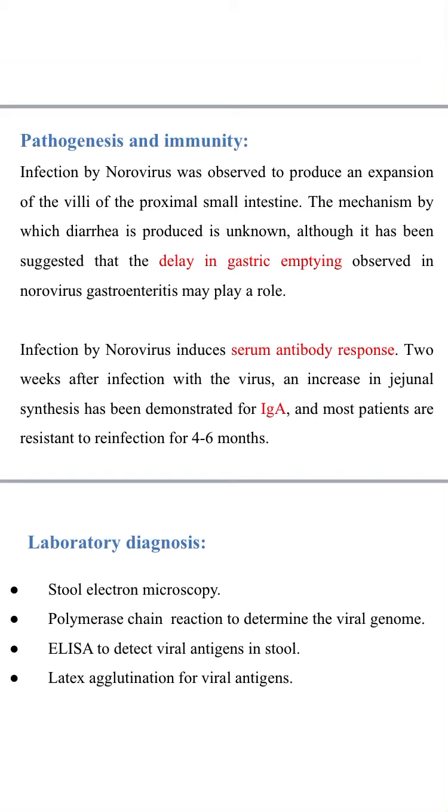Infection by norovirus induces a serum antibody response. Two weeks after infection with this virus, there is an increase in jejunal IgA synthesis, and most patients are resistant to reinfection for 4 to 6 months.